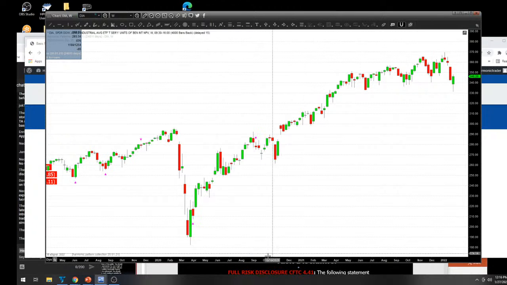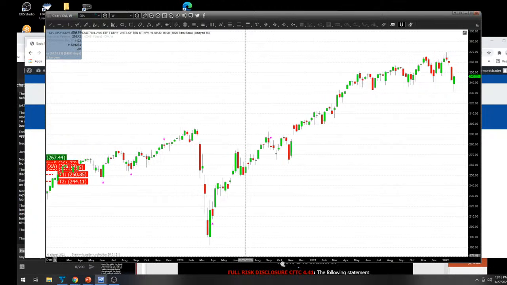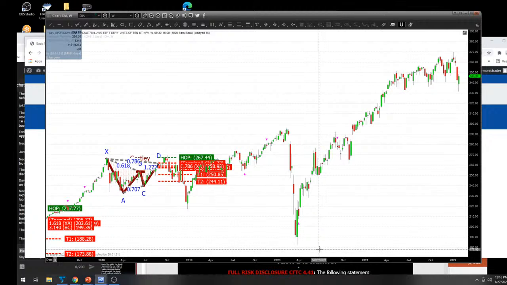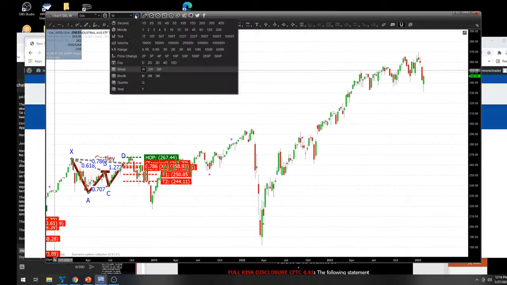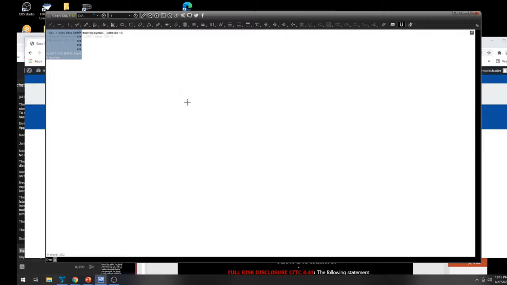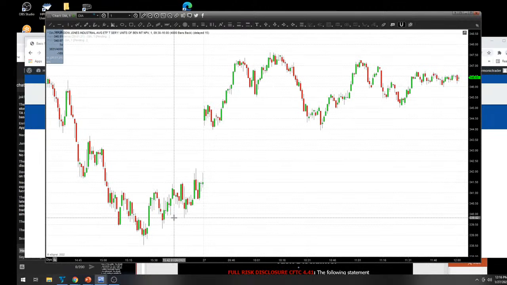All right, let's go to the diamonds on the weekly. So what's the problem? It's scary, is the problem. Probably the scariest decline since the COVID crash. Let's look at the 1 minute chart on diamonds yesterday.